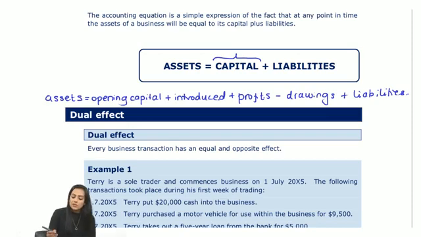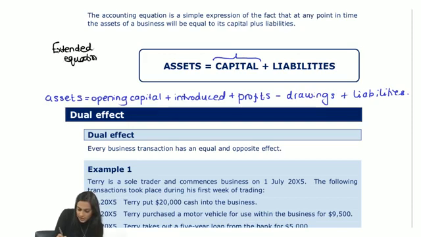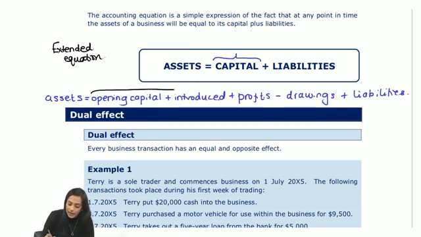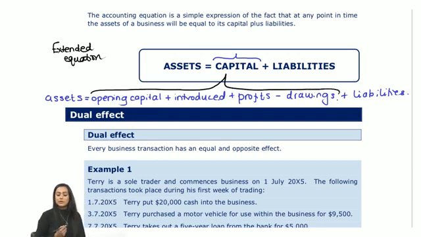Okay, this is known as the extended equation. All I've done is extend what capital is. We know that opening capital plus capital introduced plus profits minus drawings can be calculated using that formula, capital. So I'm just extending it.